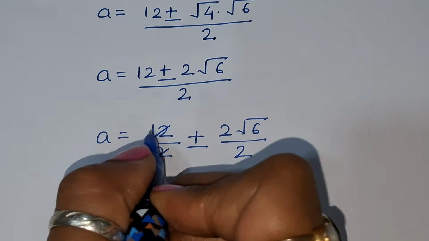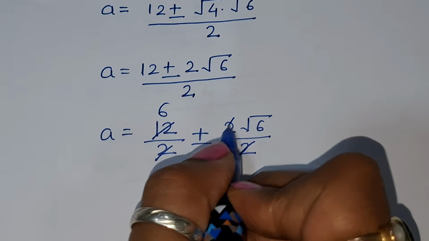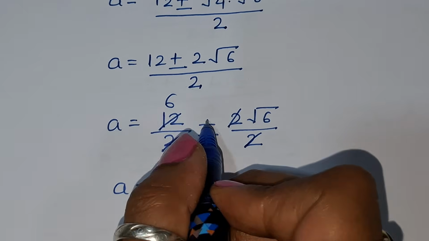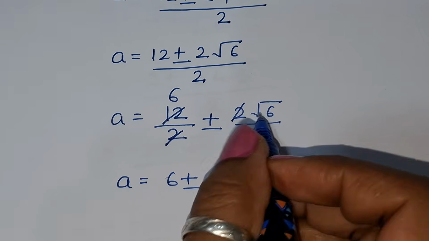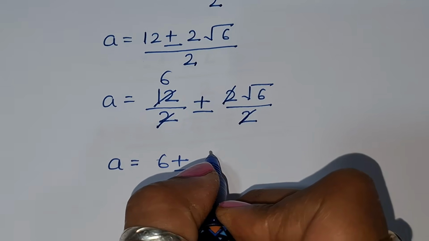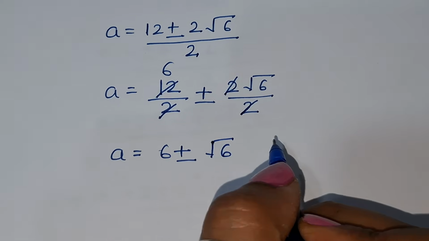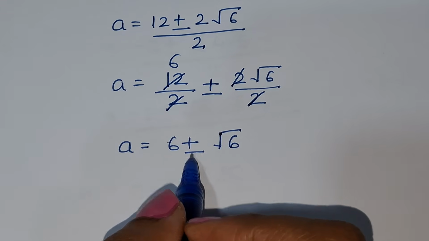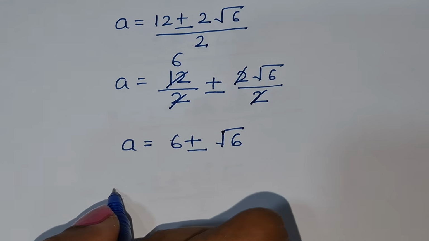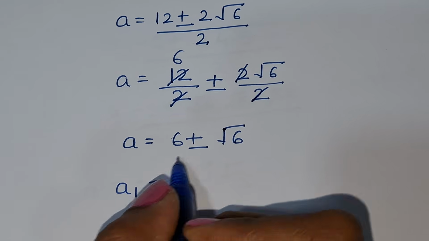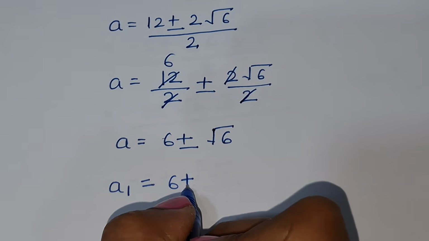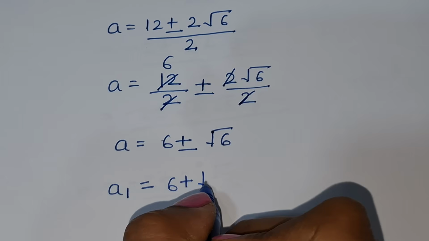This 2 is cancelled with this 2. So a is equal to 6 plus minus square root of 6, right? So here we got the value of a is equal to 6 plus minus square root of 6. We can say a1 because two values are present. So a1 is equal to 6 plus square root of 6.